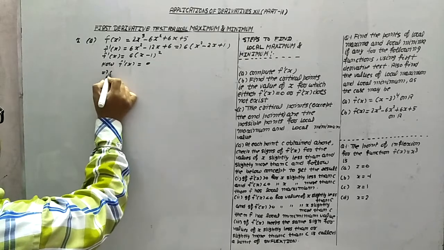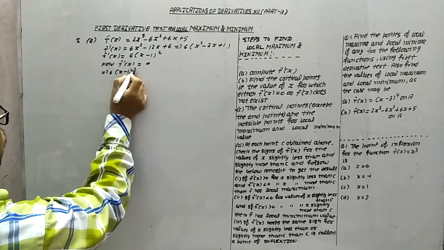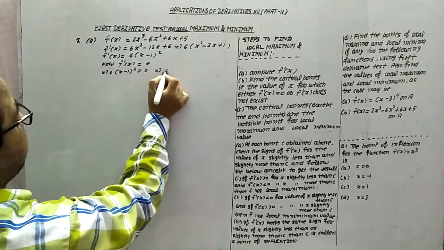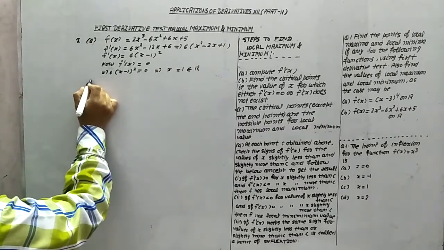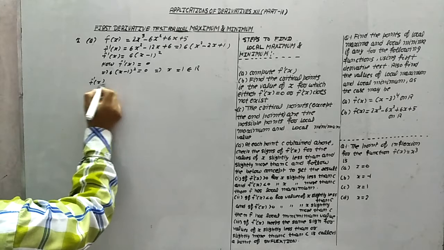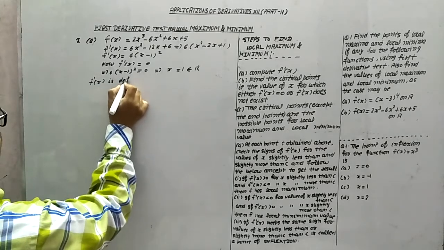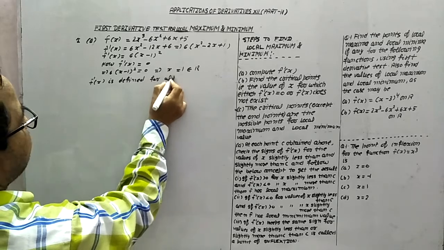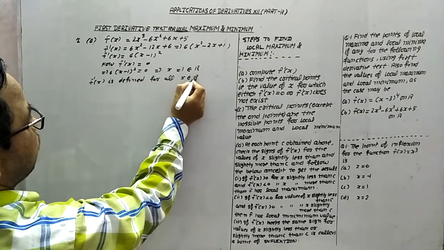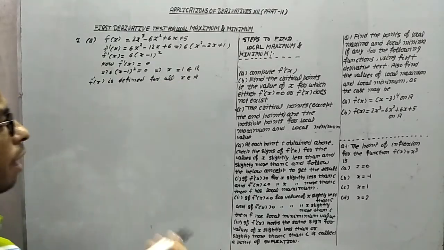It implies that 6 into x minus 1 whole square is equals to 0. It implies that x is equals to 1 belongs to R. Now f dash x is defined for all x belongs to R.